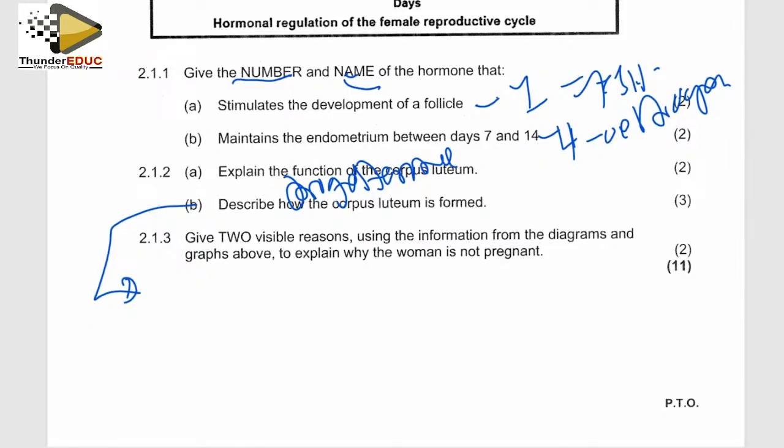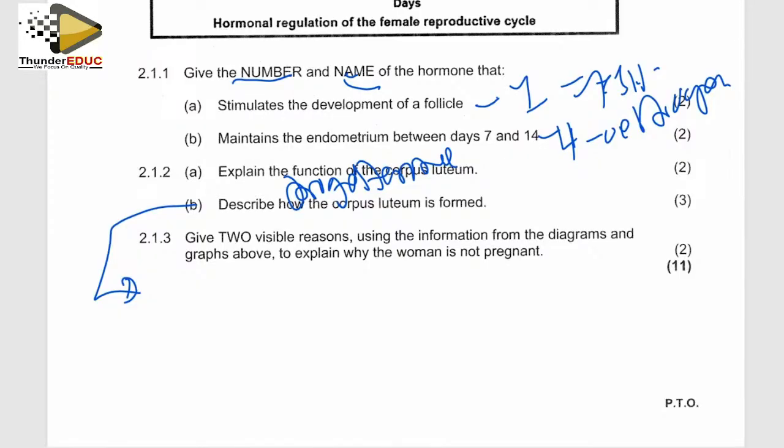Then you tell us under the influence of luteinizing hormone. So basically, the empty Graafian follicle is converted into corpus luteum under the influence of luteinizing hormone on or after day 14. That's how you're supposed to explain it.